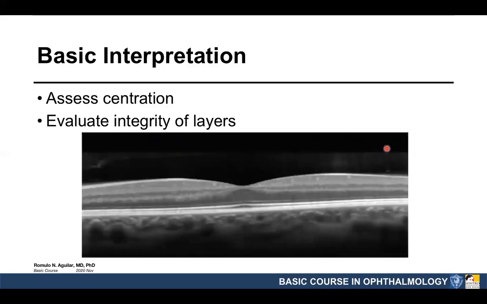Now, just a few tips on basic interpretation. When you're given, let's say, an image like this, what you should do first is to assess centration, and then number two is to assess the integrity of the layers. Let's talk about centration. How do you know that the scan is centered on the fovea?